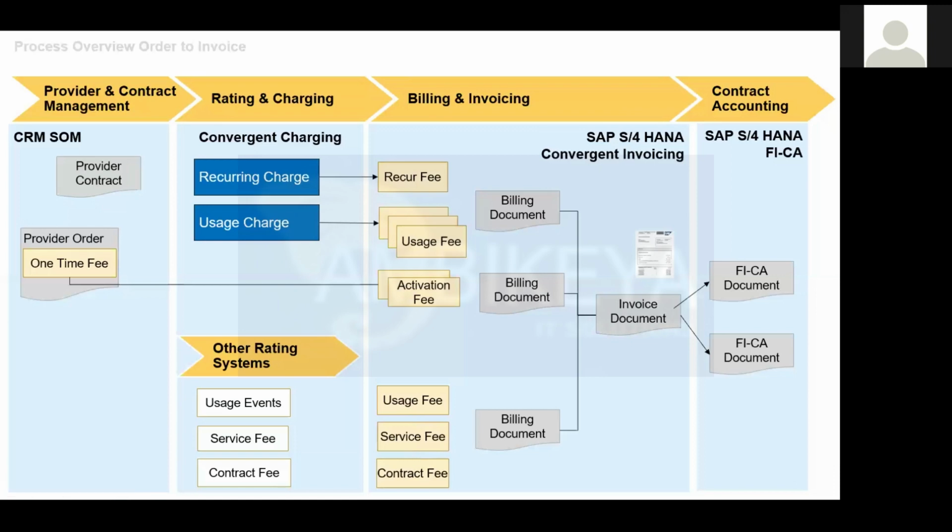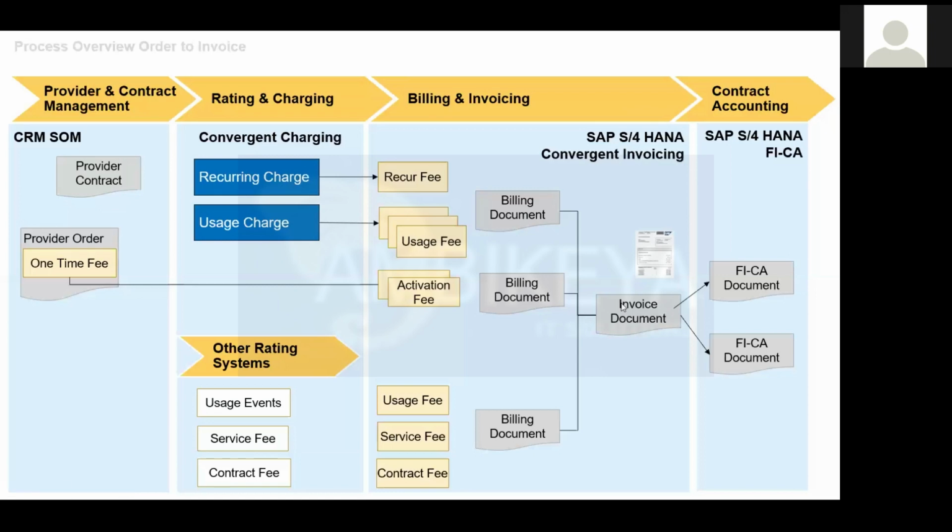In convergent invoicing, we have then a two-step process to aggregate the volumes of billable items. We have the first aggregation step, which is a billing aggregation, and the next step is then the invoicing. So that is a reason why we have here different documents, the billing document and the invoicing document.